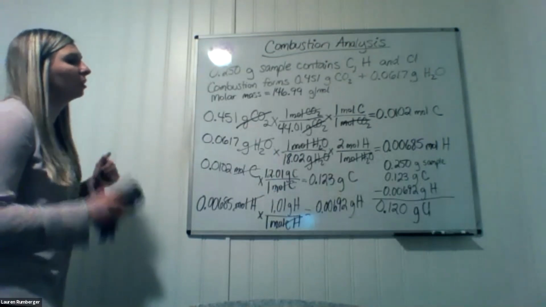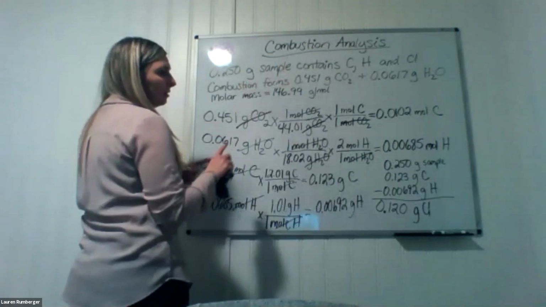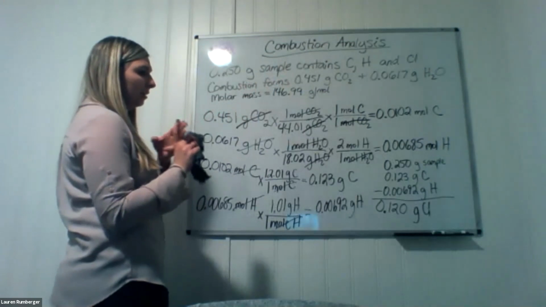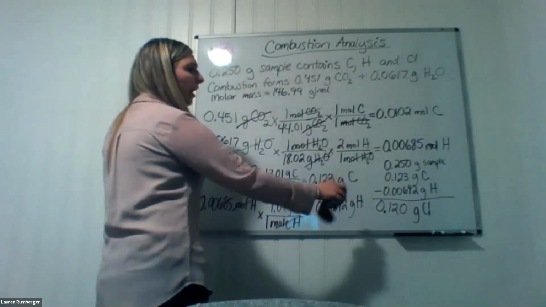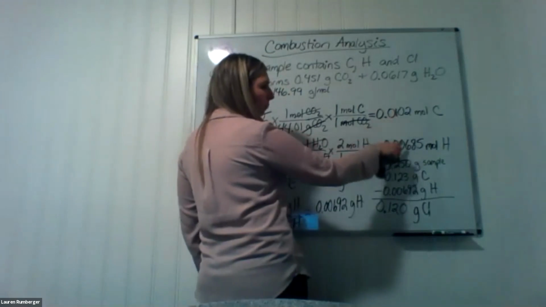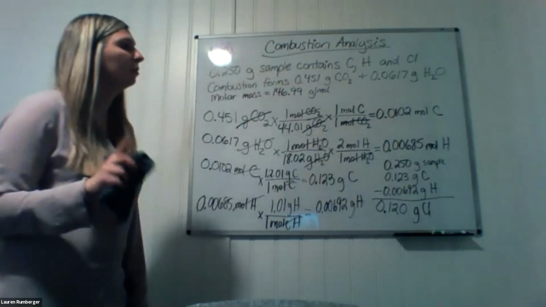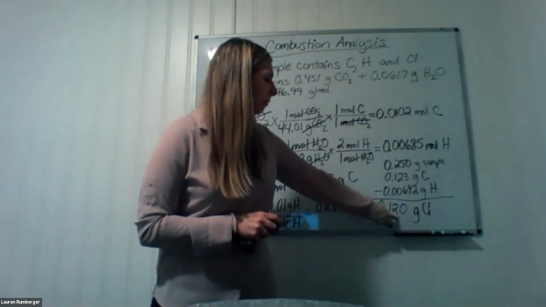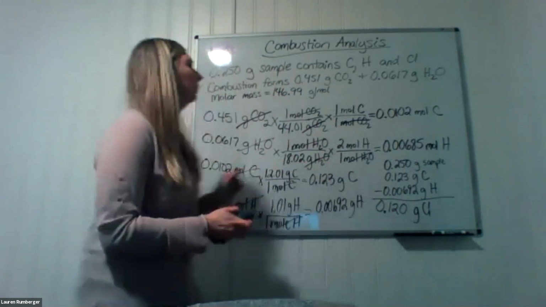And now we're going to get started with the 3 masses, carbon, hydrogen, and chlorine. And we already have the moles here. So the first thing we need to do is find the moles of chlorine.